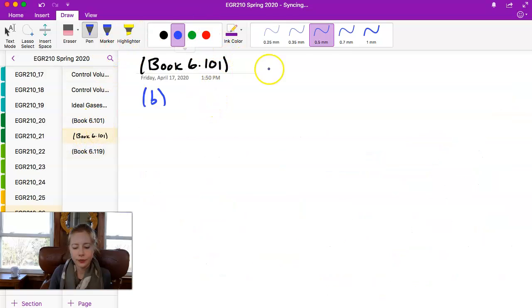So delta S is equal to Q dot over TB, going from inlet to outlet, plus the rate of entropy production.